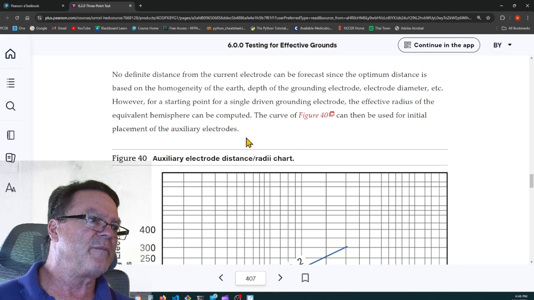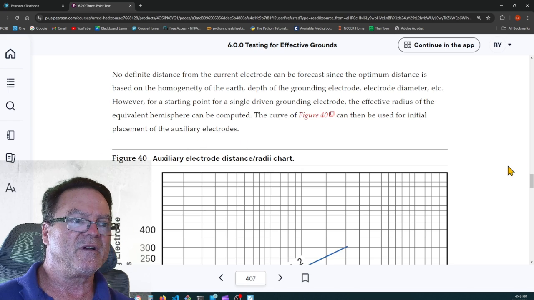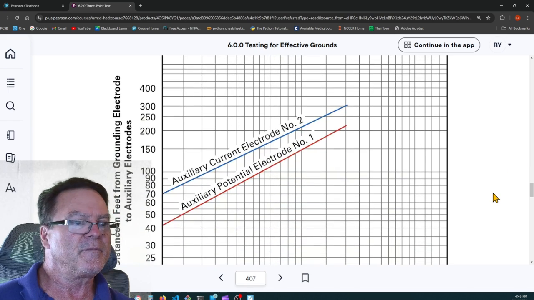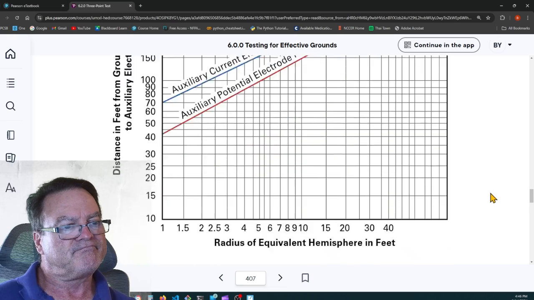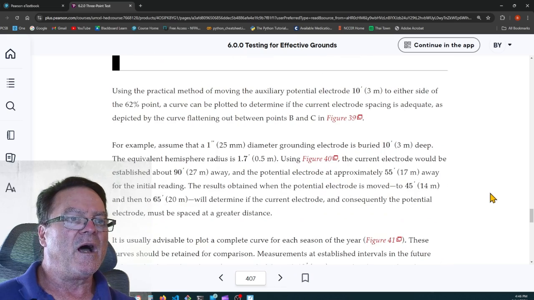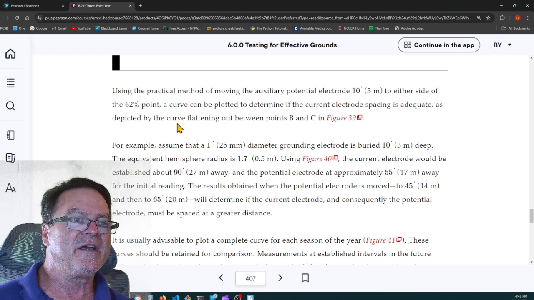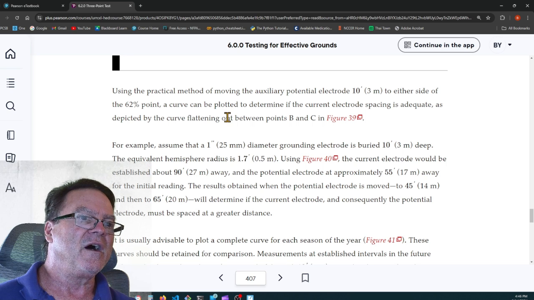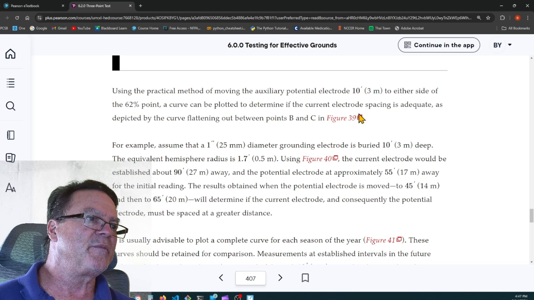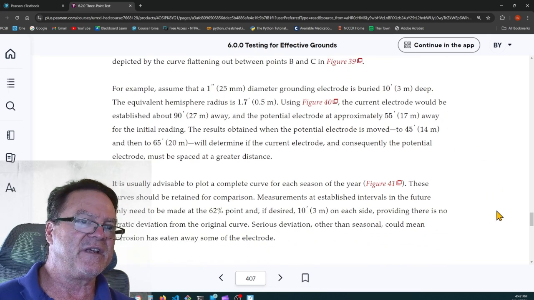The curve of figure 40 can be used for initial placement of the auxiliary electrode. Using the practical method of moving the auxiliary potential electrode 10 feet to either side, the 62% curve can be plotted to determine if the current electrode spacing is adequate, as depicted by the curve flattening out between points B and C.